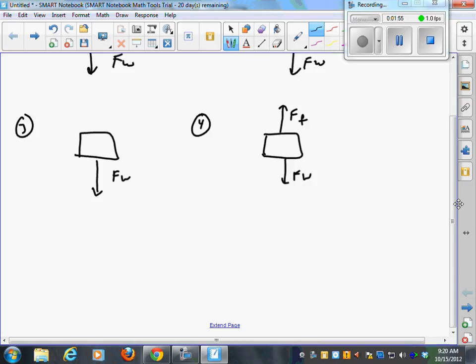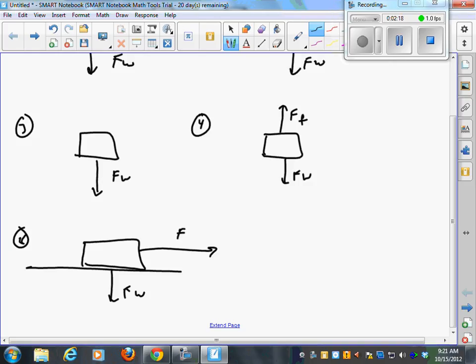Number 5, a rightward force applied to a book in order to move it across a desk with a rightward acceleration. Consider friction. Neglect air resistance. Diagram the forces acting on the book. So we've got a book on a table. We've got the weight force down. There's a rightward force, and it has an acceleration. So it's moving to the right.